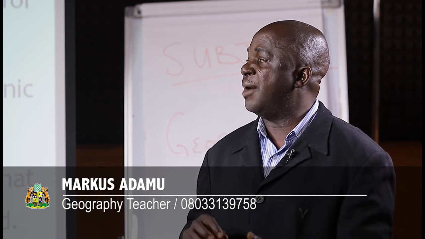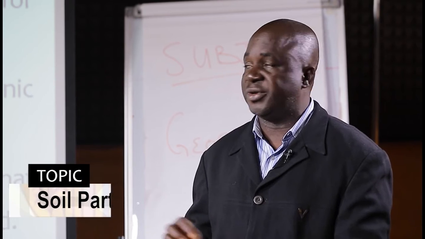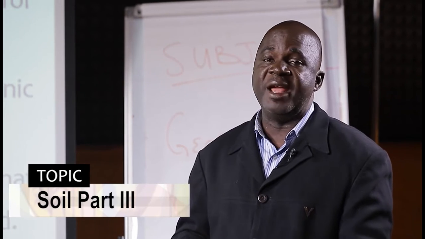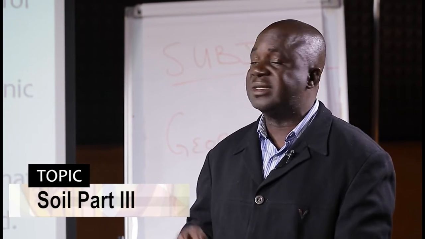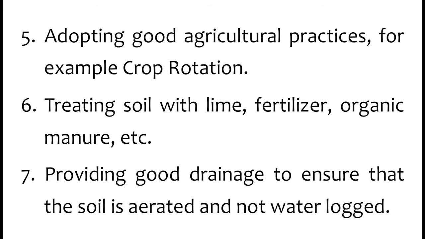When our land is subjected to proper and effective crop rotation, it plays a very vital role in conserving our soil. Number 6, treating soil with lime, fertilizer, and organic manure.